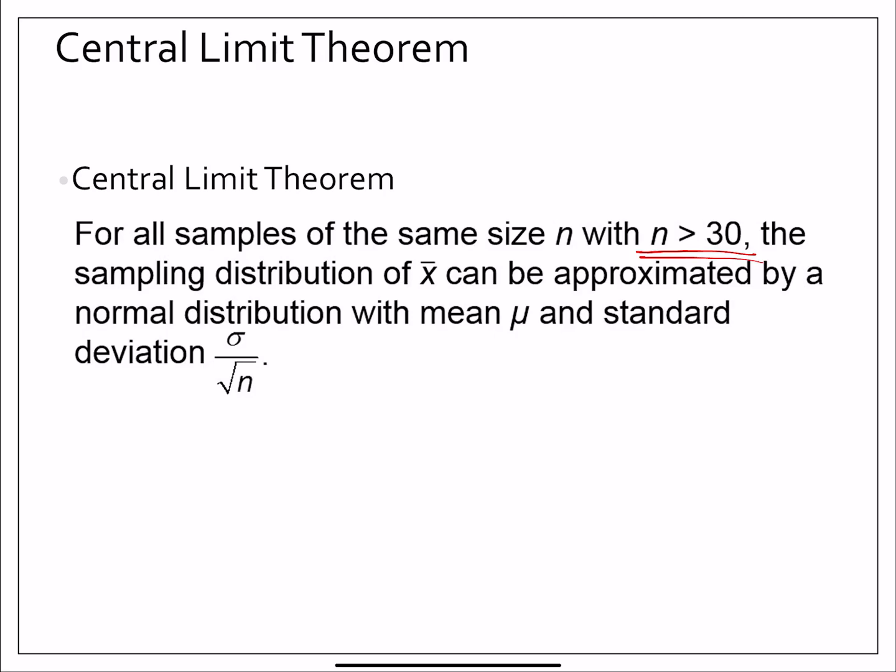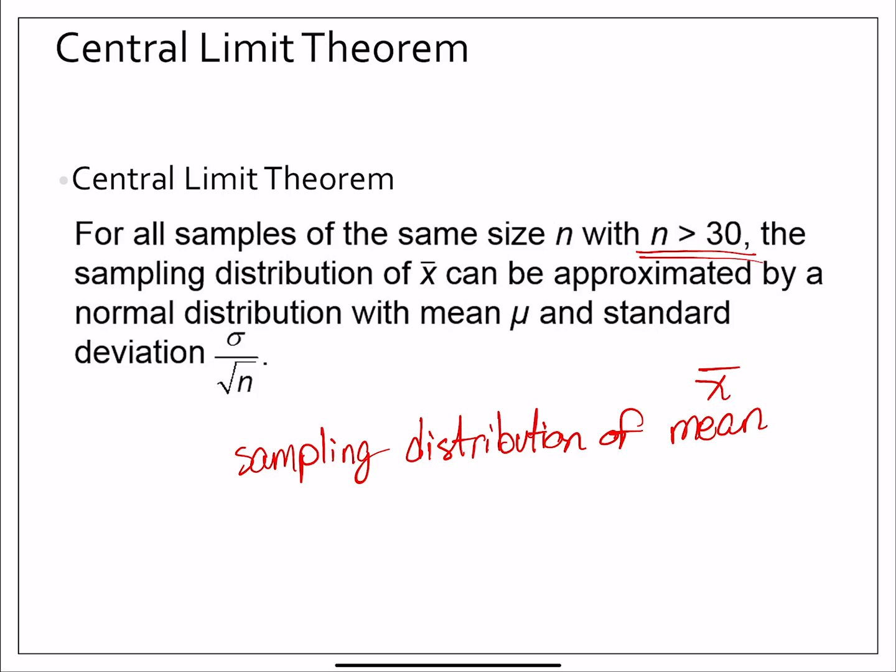So basically, what this is saying is that we can approximate the sampling distribution of the mean, x bar. Let me write this out. We can approximate that as a normal distribution with a mean of mu and a standard deviation of sigma over the square root of n.